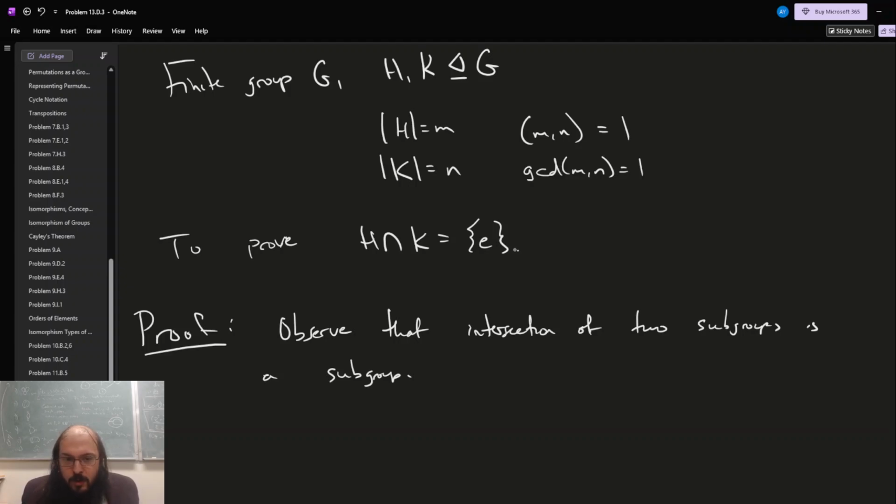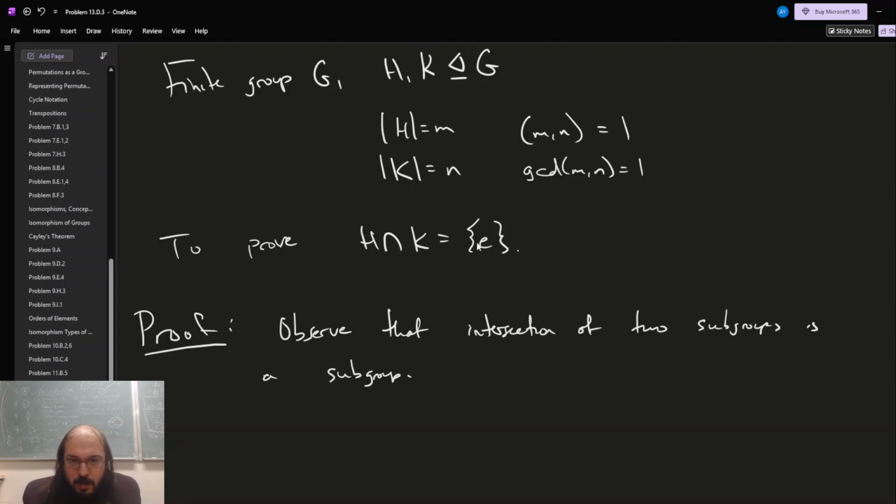And similarly for inverses. If you have an element in both of these groups, then since each of them contains their inverses, they each contain the inverse, and therefore the inverse lives in both of them, so it's in the intersection.